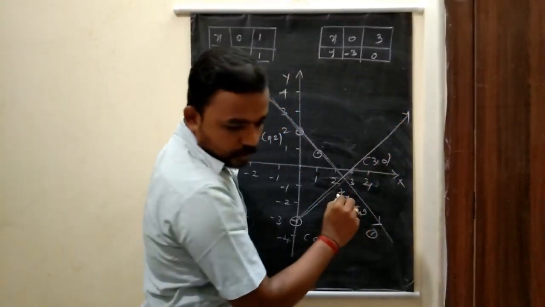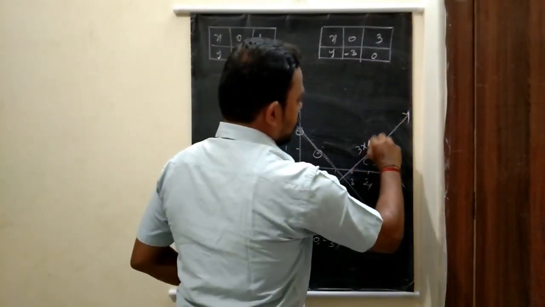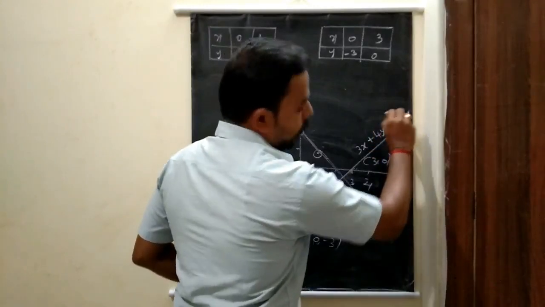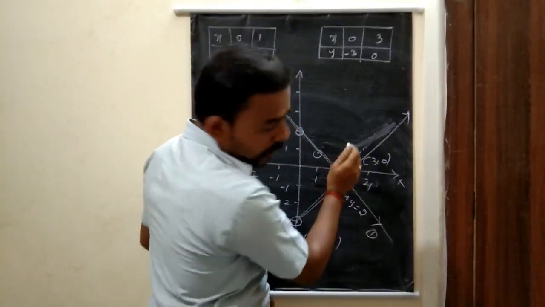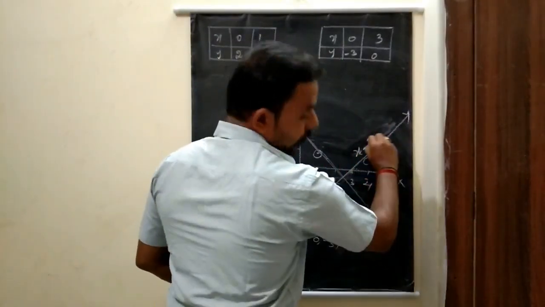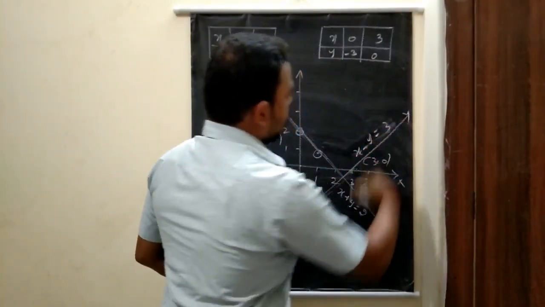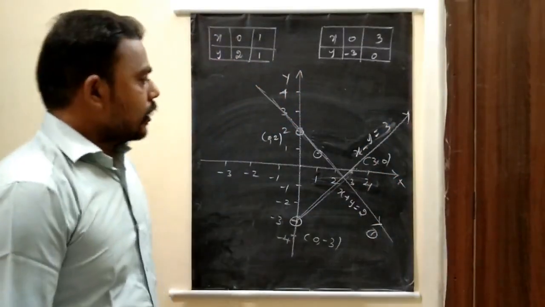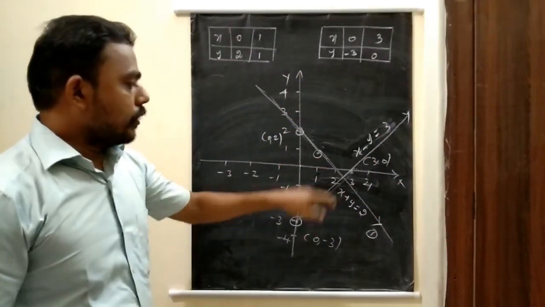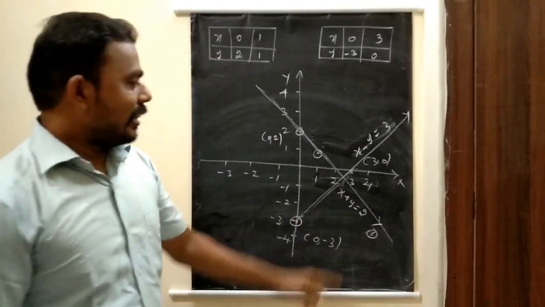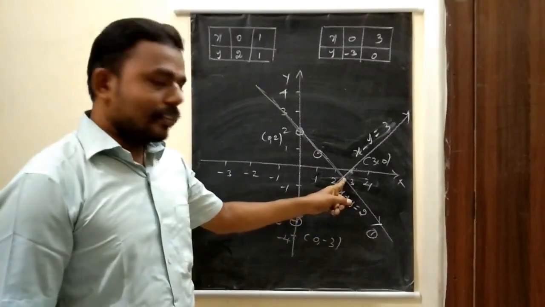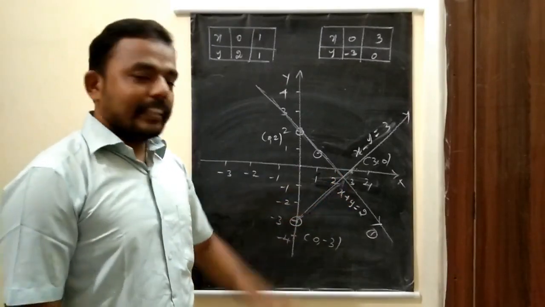So this equation, 3x plus 4y equal to, sorry, this one, x minus y equal to. In a single graph sheet you have 2 lines. Draw this one and analyze exactly where the point is.